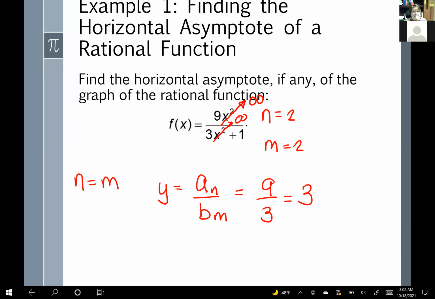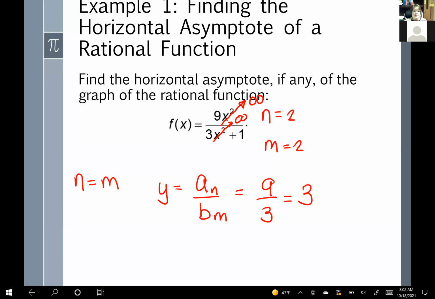So you've got 9 times 1,000,000 squared divided by 3 times 1,000,000 squared plus 1. The 1 is absolutely negligible. The ratio of 9 times 1,000,000 squared divided by 3 times 1,000,000 squared plus 1 is approximately 3. So as x gets larger and larger and larger, that poor little plus 1 is completely and totally negligible.